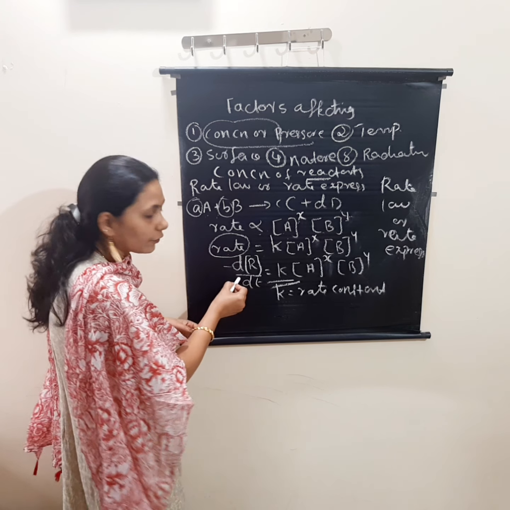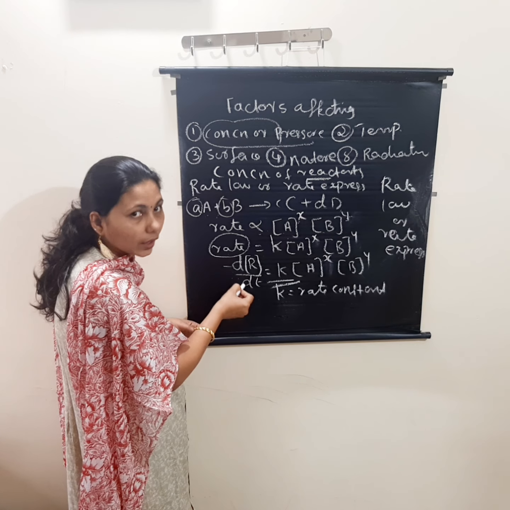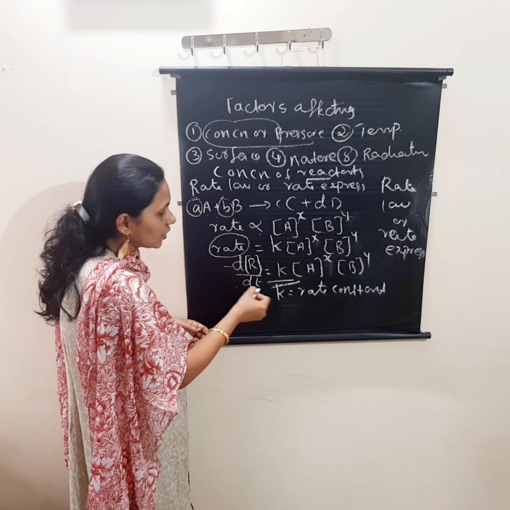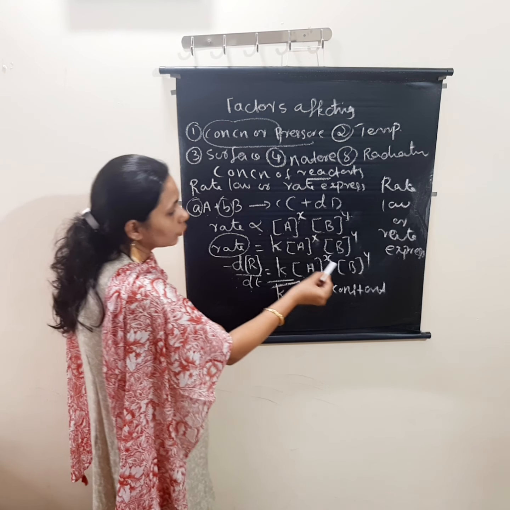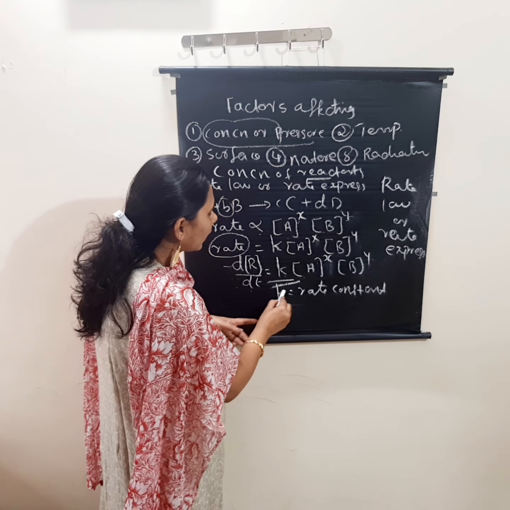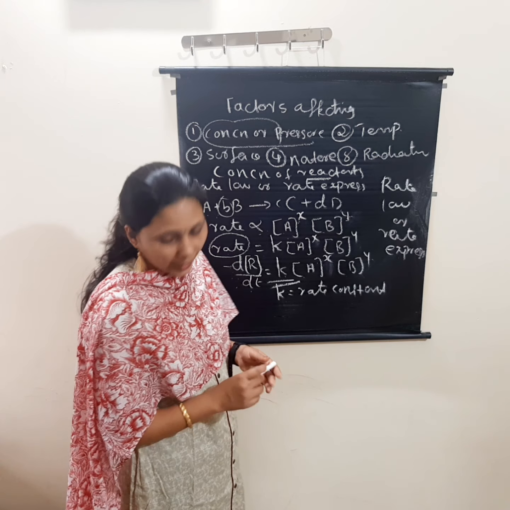Why is it known as the differential form of the rate equation? Because we are using the differential d. So minus d[R]/dt equals k into concentration of A raised to x into B raised to y, where k equals rate constant or specific rate of a reaction.